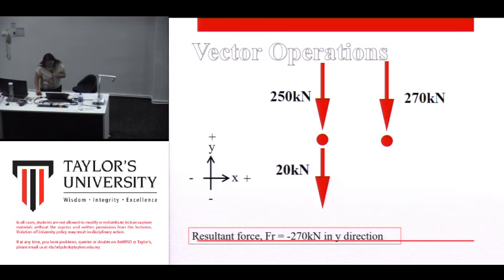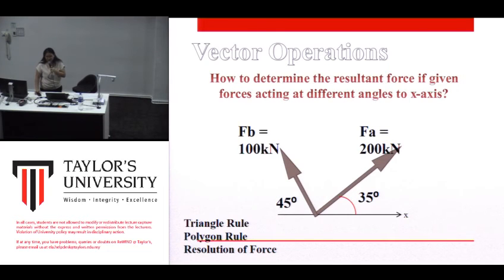Okay, so next. Just now, all the examples showed you something in the same direction. What about in different directions? I have slanting forces, FA and FB. FA is 300 kilonewton at 35 degrees from the horizontal axis, and FB is 100 kilonewton at 45 degrees from the horizontal axis. Some of you might have learned this before.